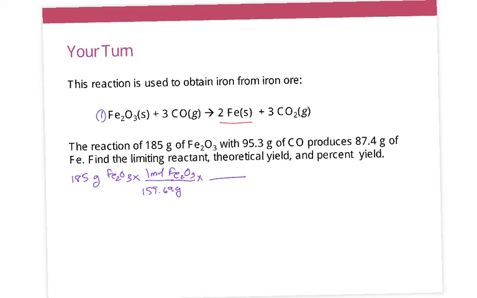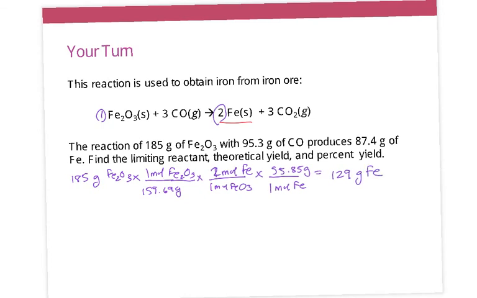We have 1 mole of iron oxide to produce 2 moles of iron. Okay? Now, we want to go from moles to grams. So we have 1 mole of iron gives us 55.85 grams. And so we end up with 129 grams of iron.